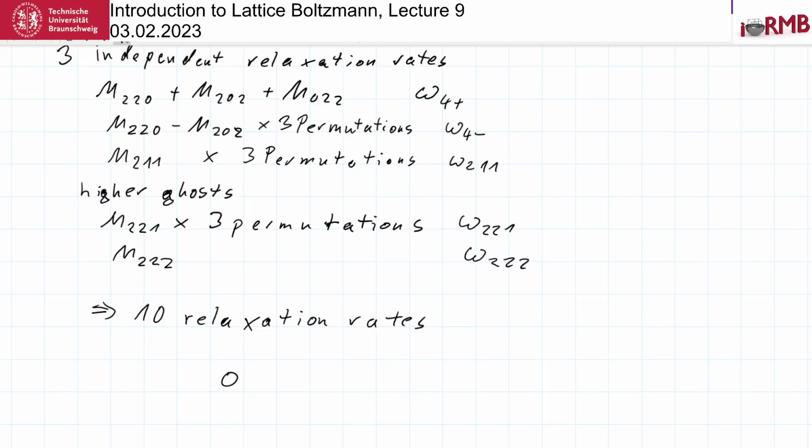The term raw means that they are in the lab frame of reference, so they are not shifted by the velocity, in distinction to central moments. Okay, now according to the paper, they will be made orthogonal.